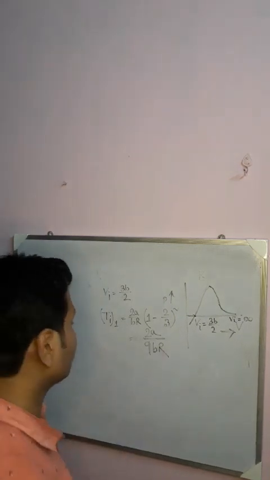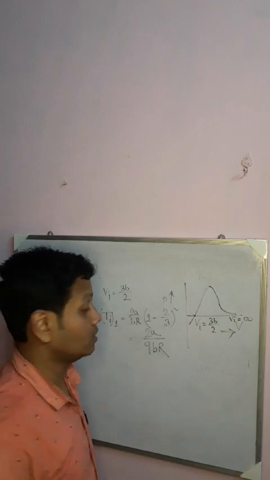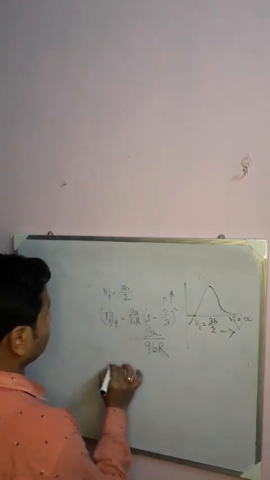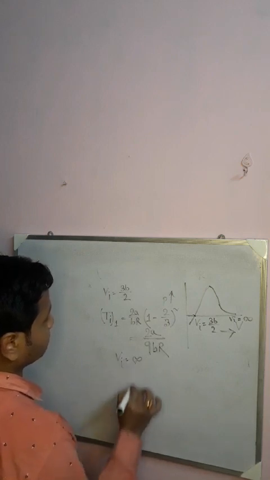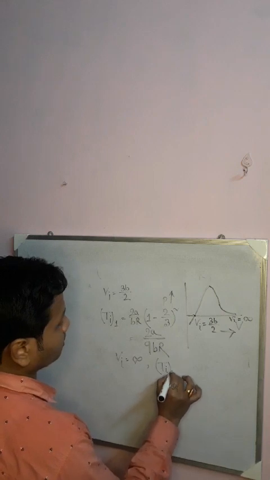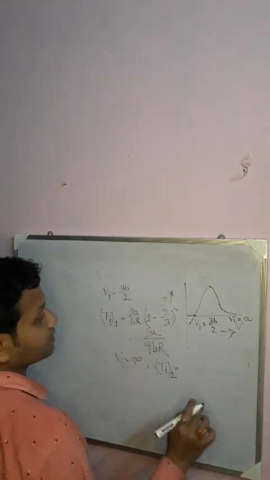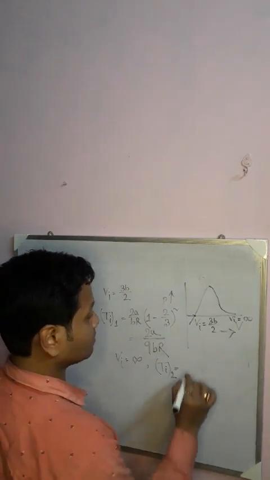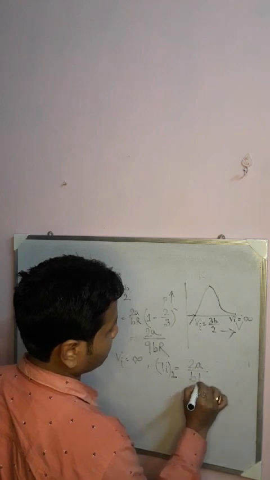So Ti1 equals 2a by 9 Br. And if you take Vi equal to infinite, then what will be my Ti2? If Vi is infinite, then B by Vi is 0, so Ti2 is 2a by Br.